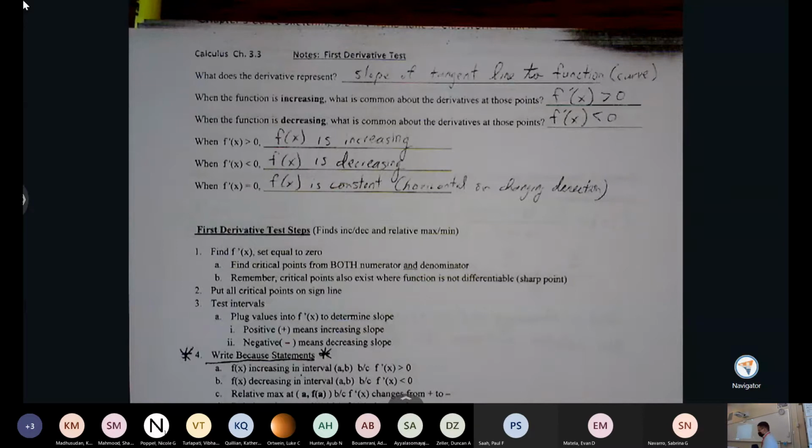So anytime we talk about derivative, that's an abstract word, right? But if we can think of derivative as slope, then it becomes more visual, more concrete, right? We know what slope feels like in terms of steepness.